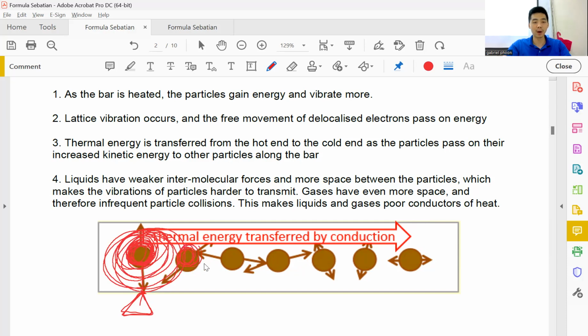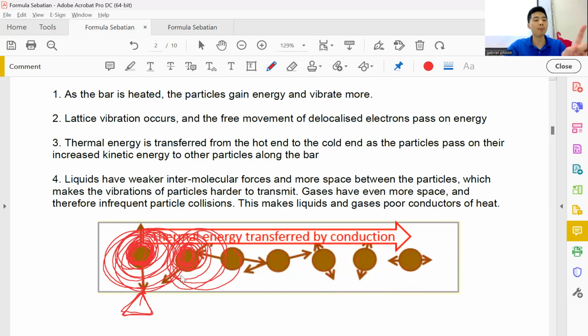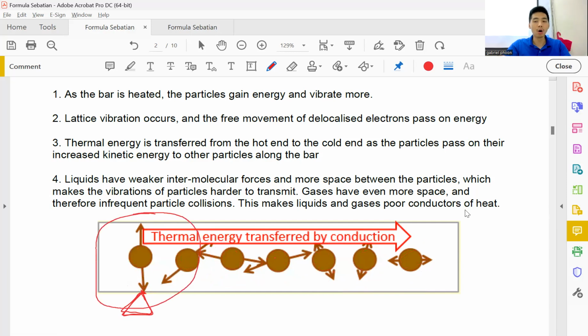They also start vibrating, pass energy, vibrate, pass energy, vibrate, pass energy. So this here shows that heat will always transfer from the hot region all the way until the cold region through the vibration of these particles, passing on energy from one to another.